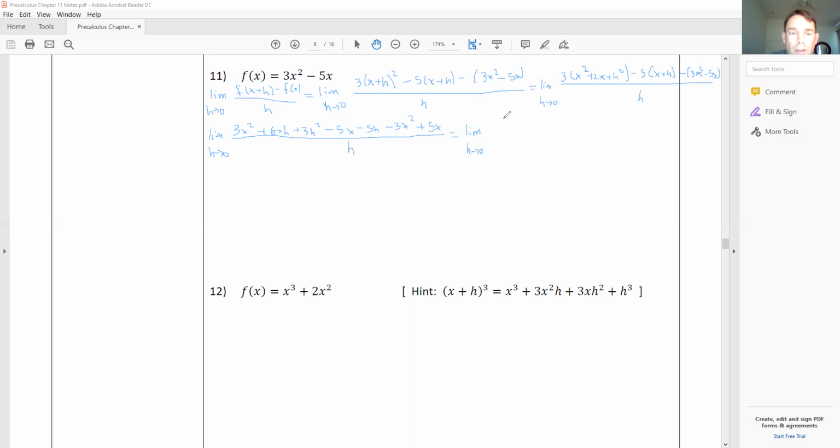So when we clean up this whole thing, the 3x squareds go away. I'm left with 6xh plus 3h squared. 5x goes away, and I'm left with minus 5h. So if we factor the h out of the top, we have 6x plus 3h minus 5.